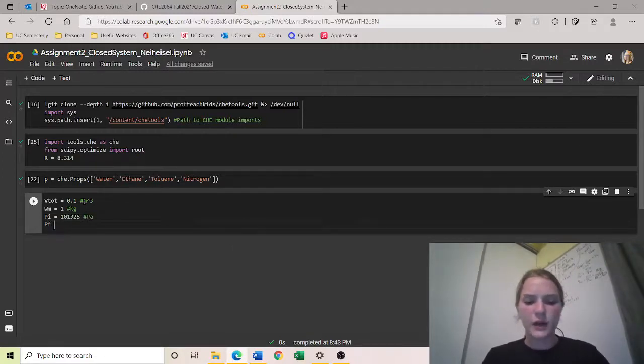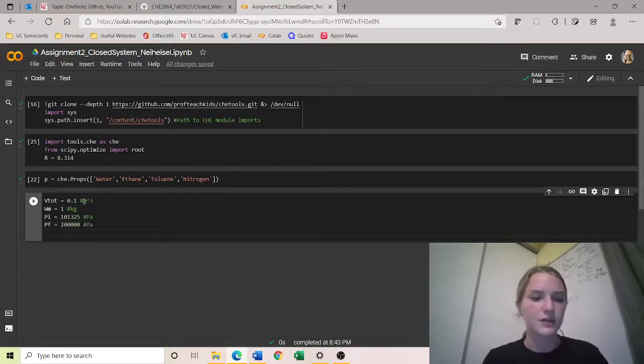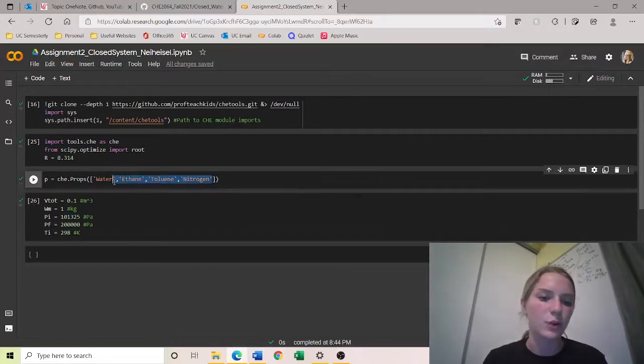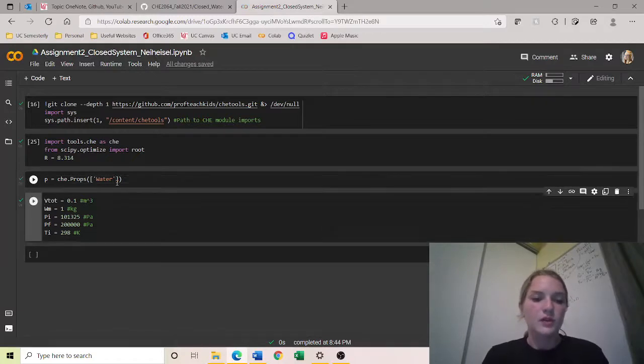And then the final pressure that we are looking for is 200,000. So this is also in pascals. And then we are also going to initialize our initial temperature, and that is 298 Kelvin. So we are going to go back up here, and we are just going to change this back to water, since water is the only compound that we care about.